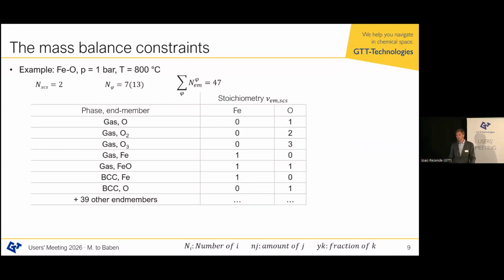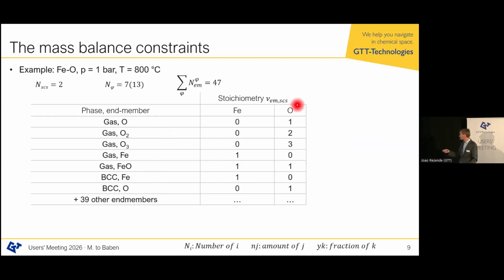Good. How can you visualize the mass balance constraint? In order to visualize it, the stoichiometric matrix is a super nice concept. And I want you to fully understand that the stoichiometry matrix is super easy and trivial. So we have here in the first column a phase end member. So the gas has the 5 different end members here.